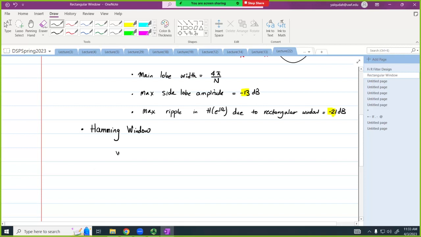And the Hamming window, instead of being just a constant like the rectangular pulse, is given by 0.54 plus 0.46 multiplied by cosine of 2 pi n divided by N minus 1, and 0 elsewhere.